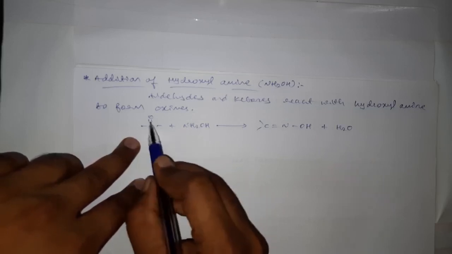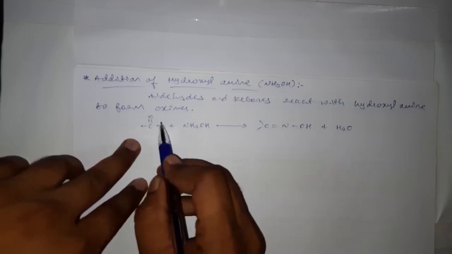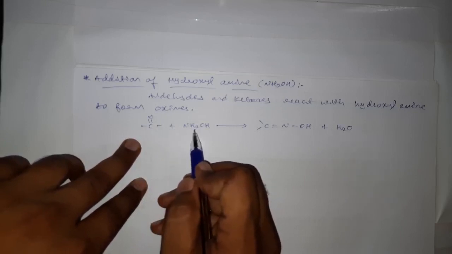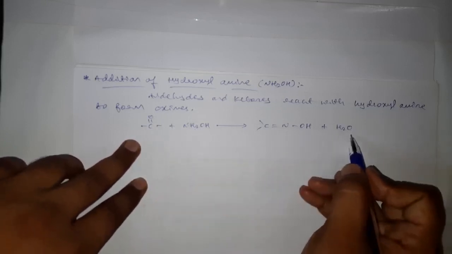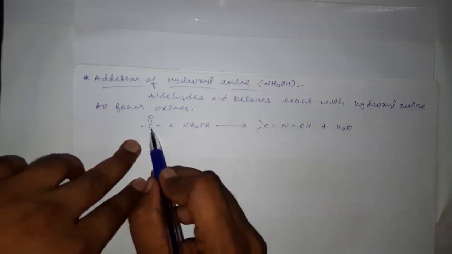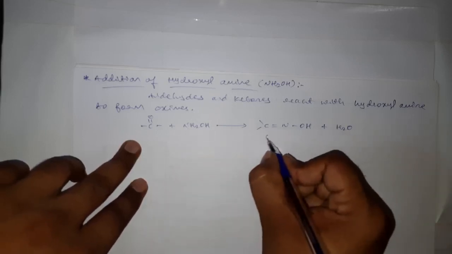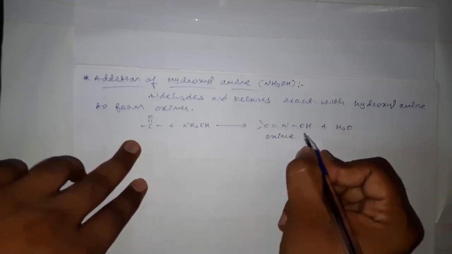Here, the oxygen of the aldehyde or ketone combines with the two hydrogens of hydroxylamine to form water, and after that this carbon will form a double bond with the nitrogen of hydroxylamine, which is called an oxime.